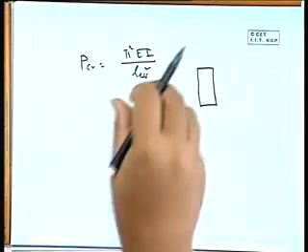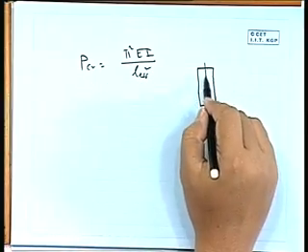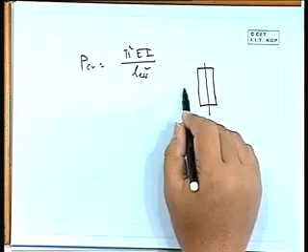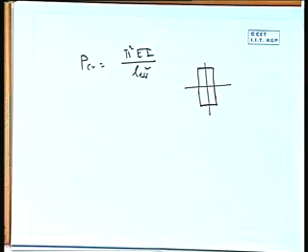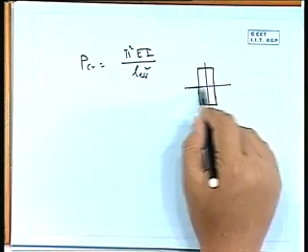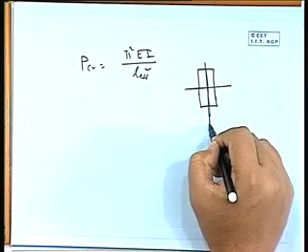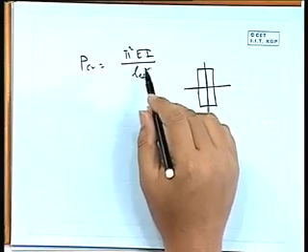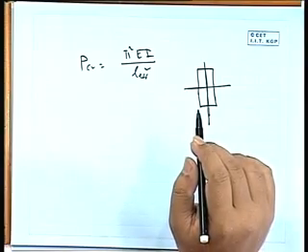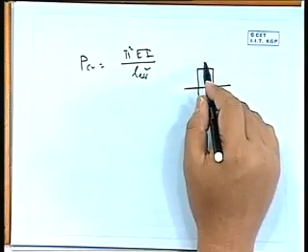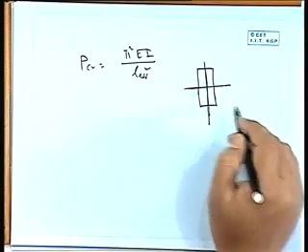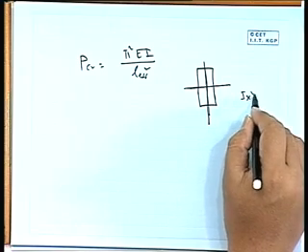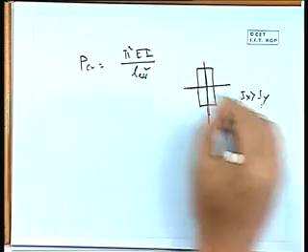say there is a column. Now if you calculate I in that direction you will get one value, and I in the other direction you will get another. Now I about this is much higher compared to that. So here it will be I minimum, right. So if it is Ix and Iy, Ix is greater than Iy, so Iy will be taken here.